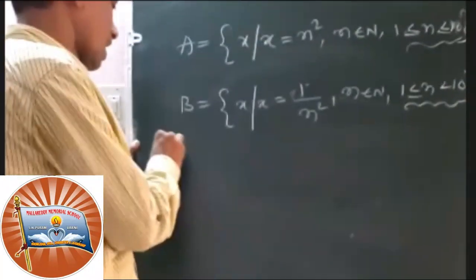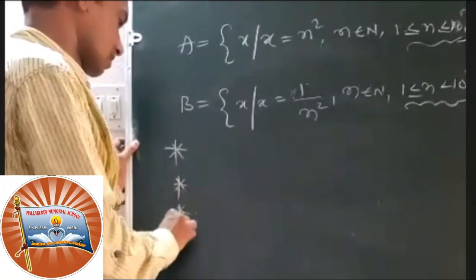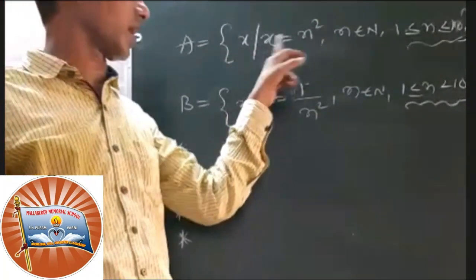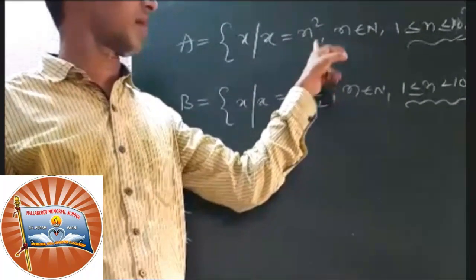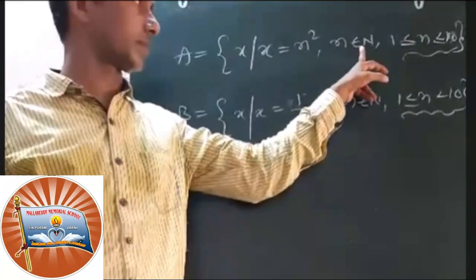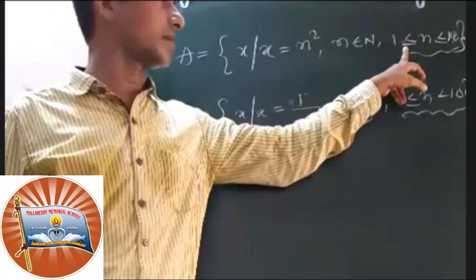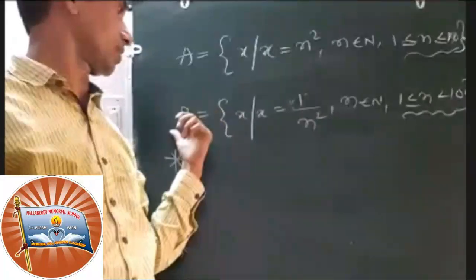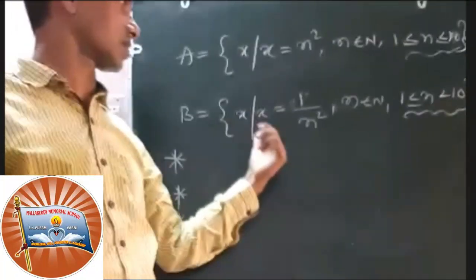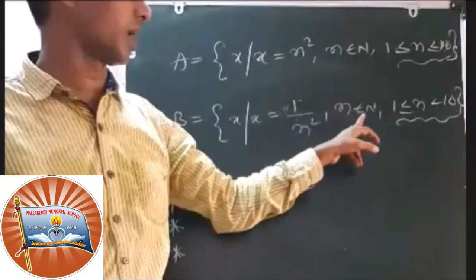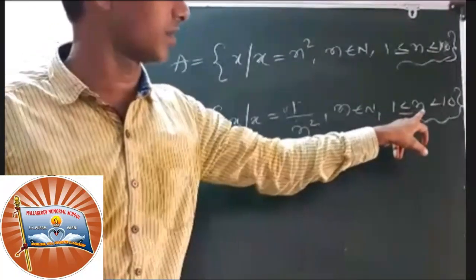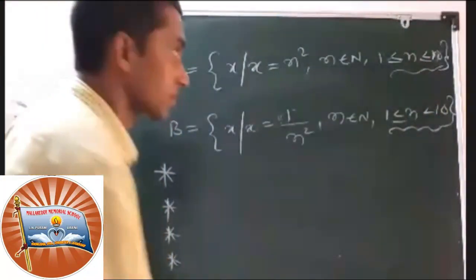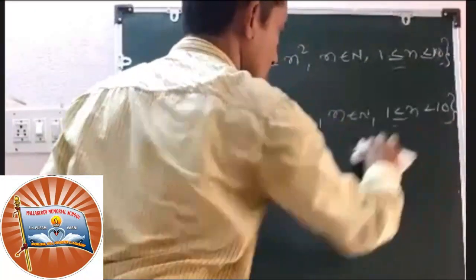Now I can ask many questions based on this. The question is: A is x such that x is equal to n square, n belongs to N, and 1 less than or equal to n less than or equal to 10. Now B is another set, x such that x is equal to 1 by n square, n belongs to N and 1 less than or equal to n less than 10. Please find the difference. Now note my question.